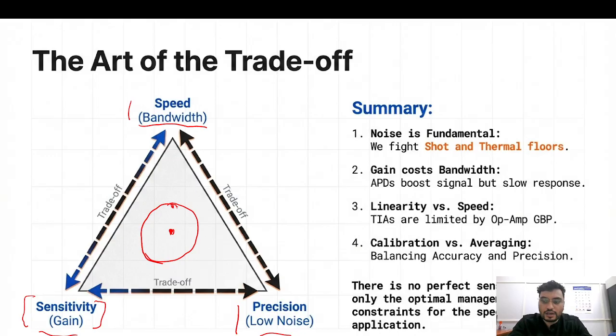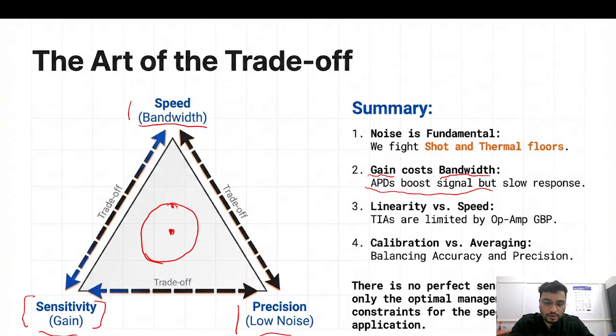Then gain versus bandwidth: the tiny amount of signal coming in the reflection geometry or any transmission geometry should have more gain, and we need to deal with the bandwidth. Third thing is linearity versus speed.